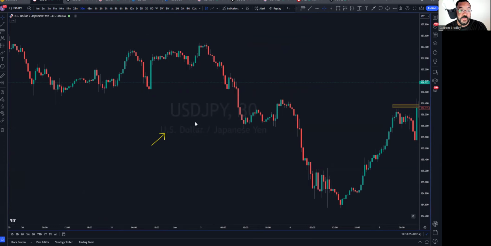Exactly, up, because the dollar is now the base currency. So if we're expecting dollar strength, we want to start seeing this pair push higher. Like an example down here, we want to start seeing dollar strength because we're expecting the dollar to get stronger. So we'll be buying USD JPY because we're expecting dollar strength.